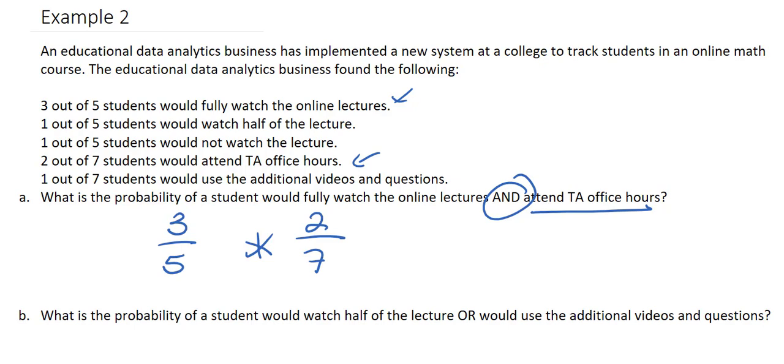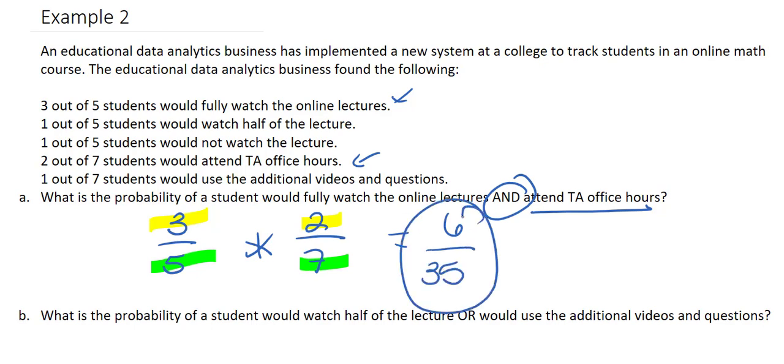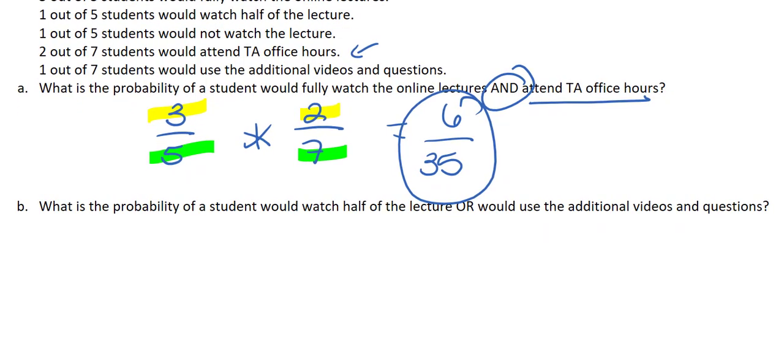So we go ahead and multiply, right? We multiply what's on the top, and we multiply what's on the bottom. 3 times 2, well, that is 6. 5 times 7 is 35. So 6 out of 35 would be our solution for the probability of a student to watch a lecture fully and attend TA office hours.